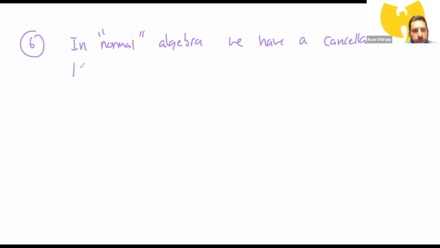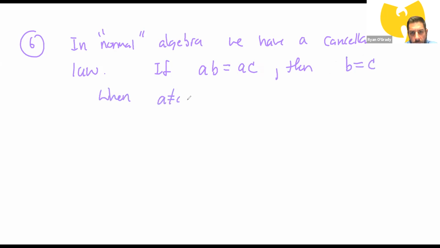And you used it all the time, and you still use it. So what you have is if A times B equals A times C, then you can divide out the A. Then you could say B is equal to C when, of course, A is non-zero.